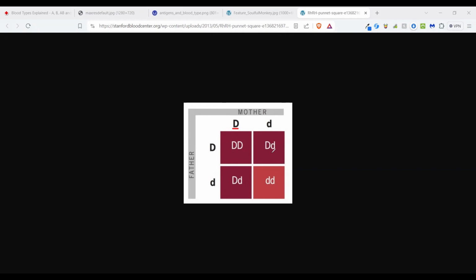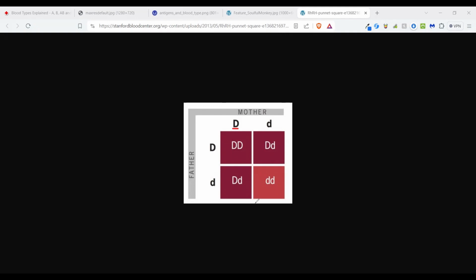Dominant and recessive indicate what you can observe in a person. So here we have someone who is heterozygous, meaning their alleles are different. In this case, one is capital D, the positive Rh factor, and one is negative. Same here for the father.